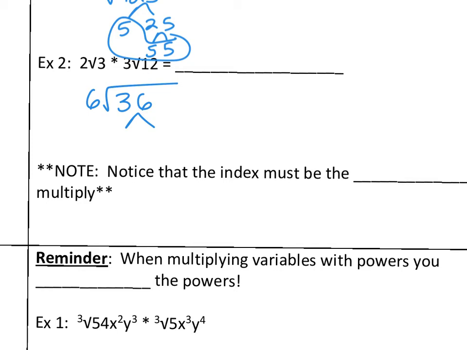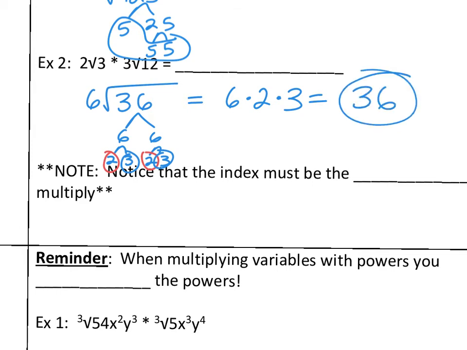To 6 and 6, which breaks down to 2 and 3, 2 and 3. You might know the square root of 36 in your head, but if you don't, make sure you use the tree, looking for groups of 2. I've got a 2 and I've got a 3. So this just becomes 6 times 2 times 3, which is 36. That's my answer.